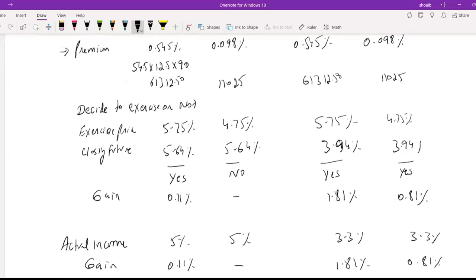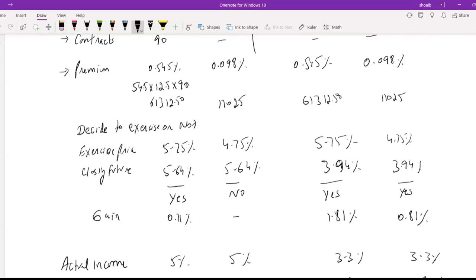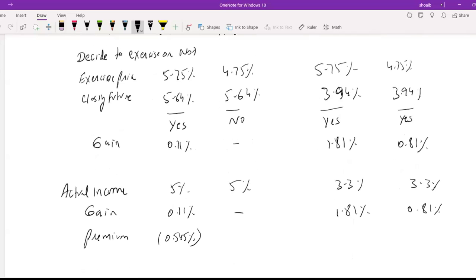What was the premium? 0.545. 0.098. Why am I deducting the premium? Because above two are income.